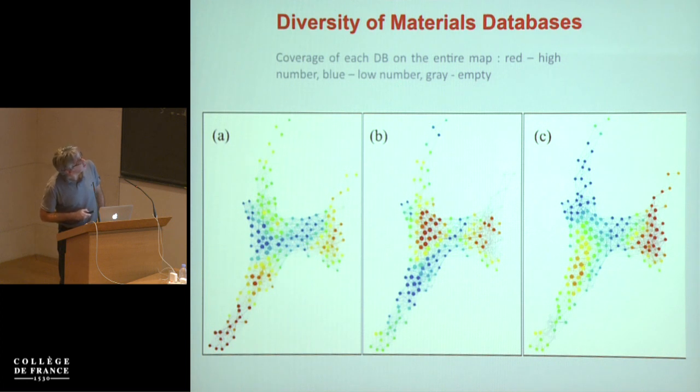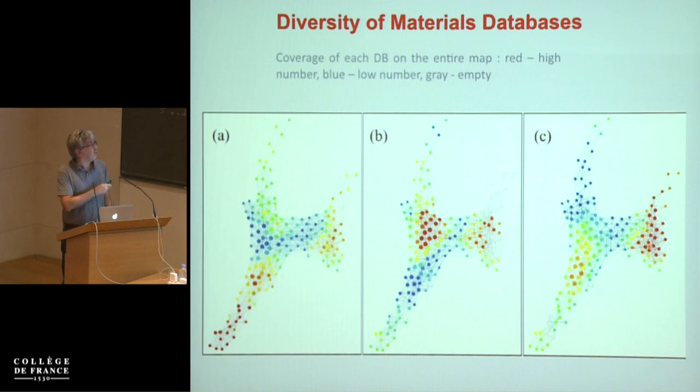So you can already see that this database has a large preference for making materials that are on this side of the diagram, while experimentally there are mainly these type of materials. So you can see certain biases in the type of materials that have been synthesized. And from the gray areas, you can see this database completely lacks these materials, for example.